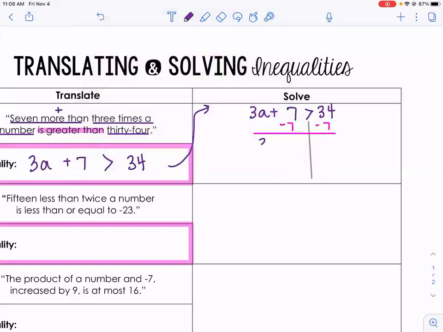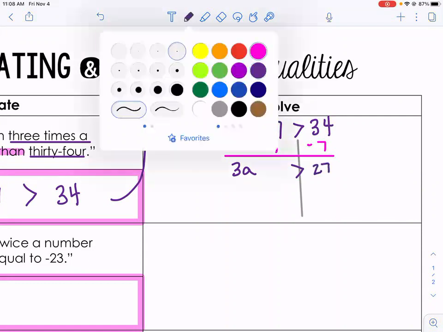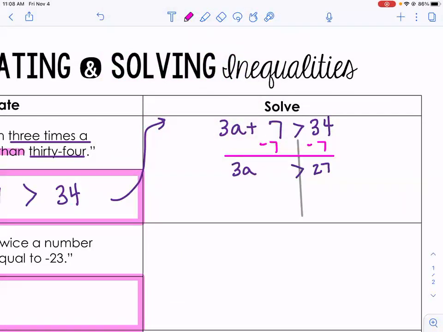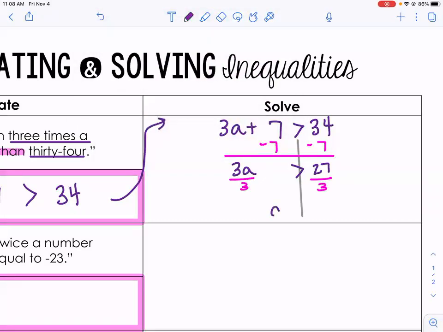So we have 3A, and if you have a different letter than A, that's totally fine. Is greater than, what's 34 minus 7? That's good. Because our next step is going to have to be to divide. So we get A is greater than 9.